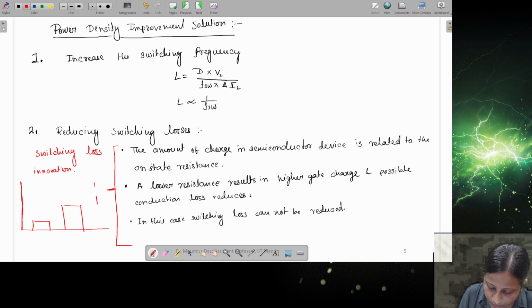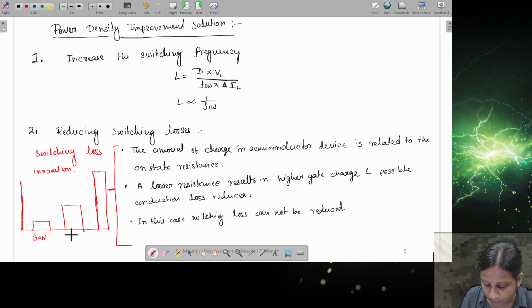This is how the losses are varying. Generally, with respect to GaN, the losses will be very small. For silicon carbide it will be higher than GaN, and this is silicon super junction.